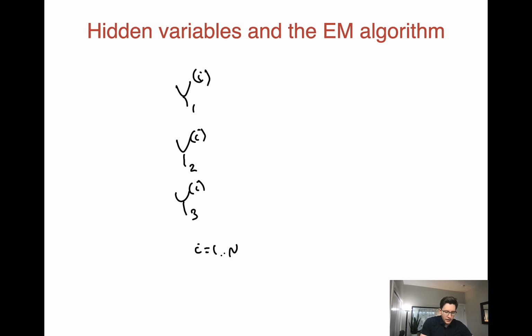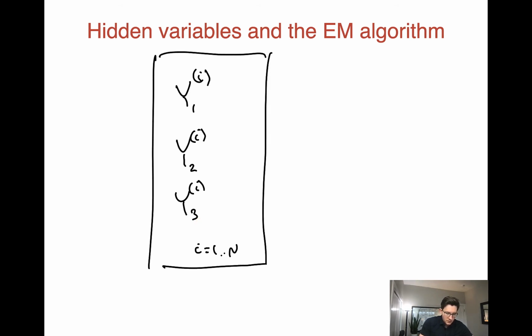I'm putting i in the superscript here because I'm already using the subscript. And we're imagining that y is a multivariate normal distribution with some mean and covariance. So if we were to draw the dependent structure, it looks something like this. They're all dependent on one another.